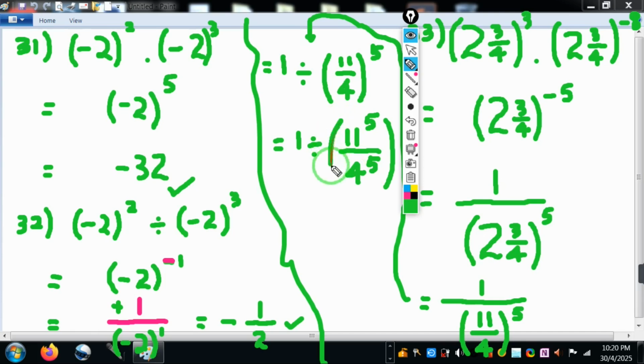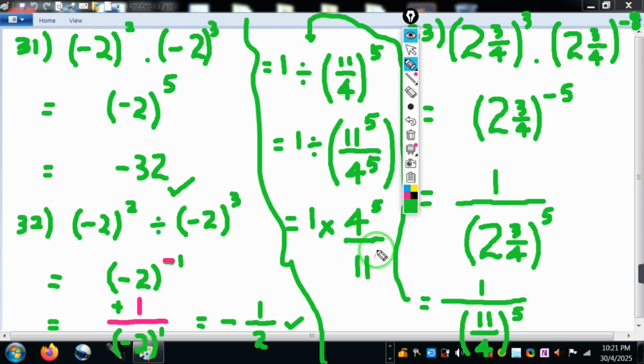And after that, the answer will be upside down only. What do I mean by upside down? Invert, I-N-V-E-R-T. So it will be times. This downstairs comes upstairs. And the upstairs goes downstairs. Okay?